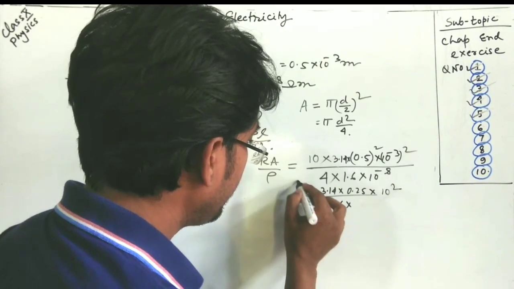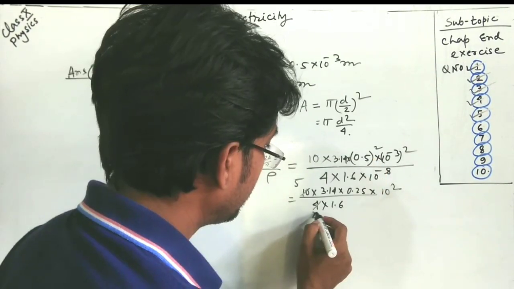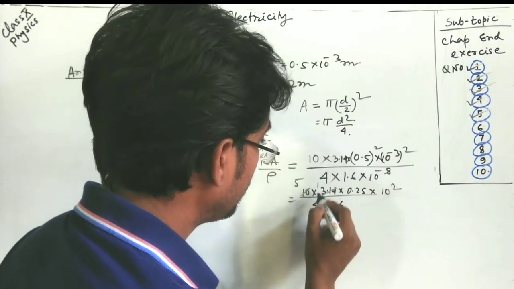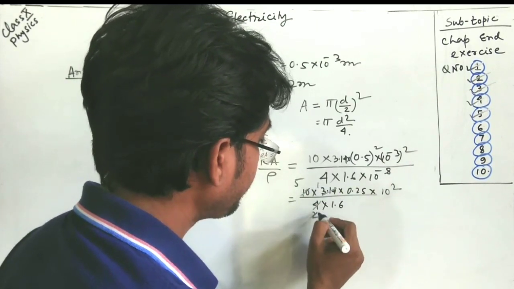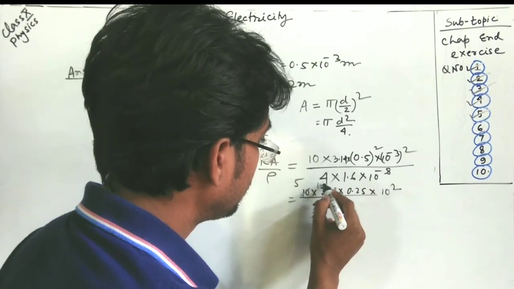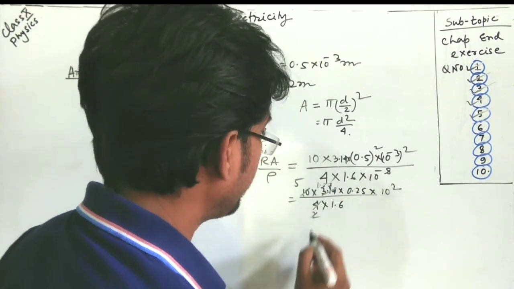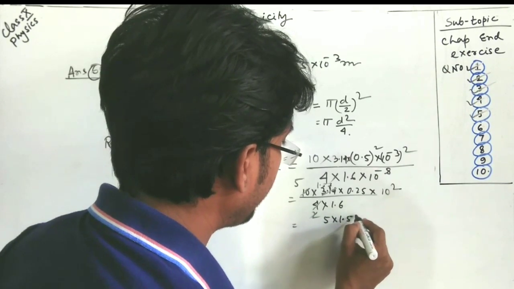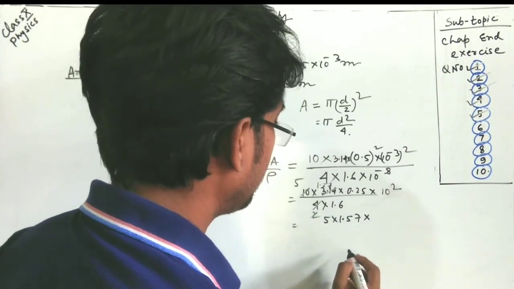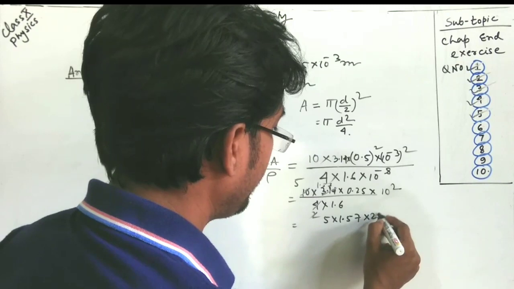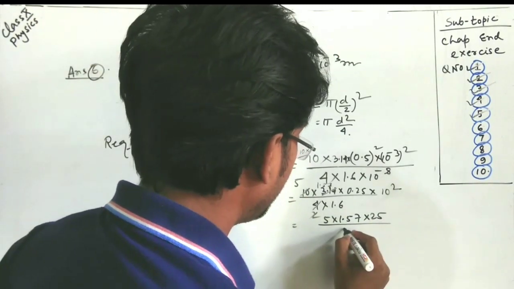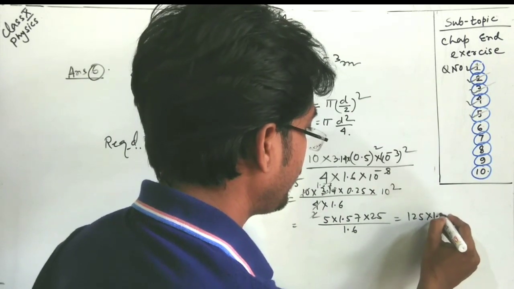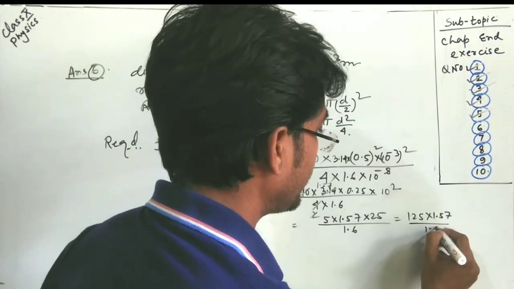So it will be 5 into 1.57 into 25, then divided by 1.6, that is 125 into 1.57 by 1.6.